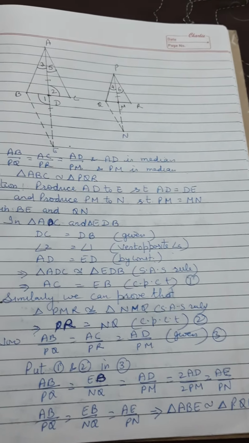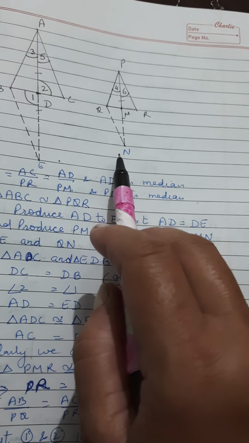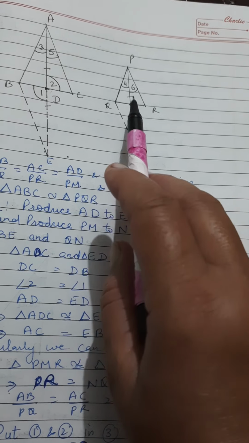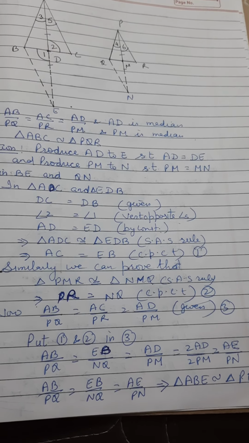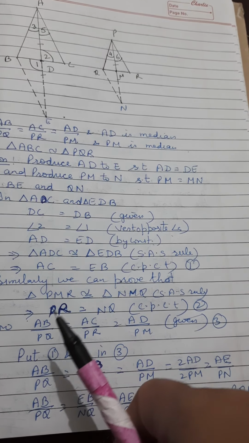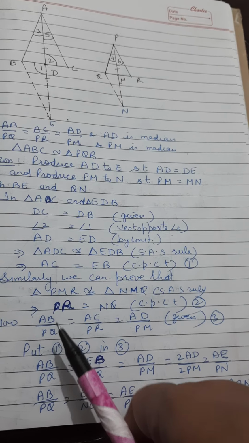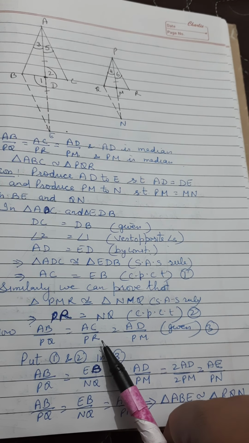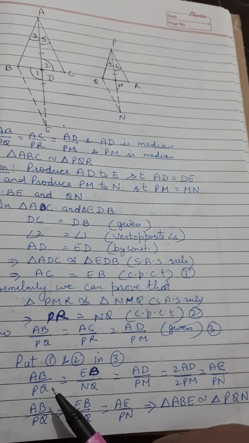Similarly, we can prove that triangle PMR is congruent to triangle NMQ. Then their corresponding parts are again equal. PR is equal to NQ. Now AB by PQ is equal to AC by PR is equal to AD by PM. It is given.